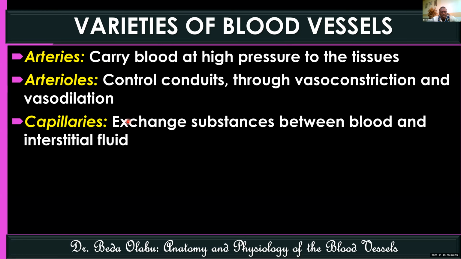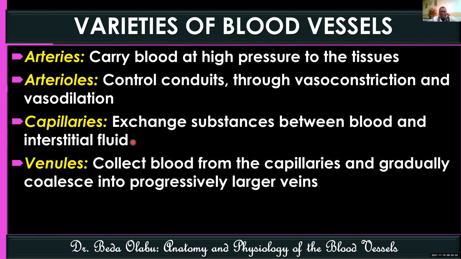From the arterioles, blood goes to capillaries, which are exchange units. So they have very thin walls to enable them exchange substances between bloodstream and the tissues. From the capillaries, we have veins, which now collect blood from the tissues.